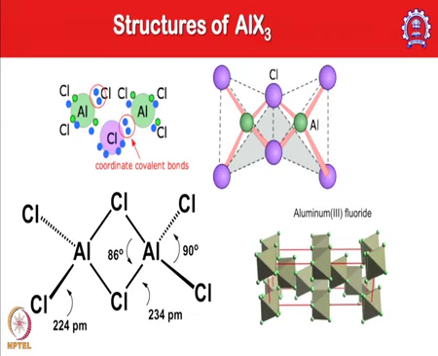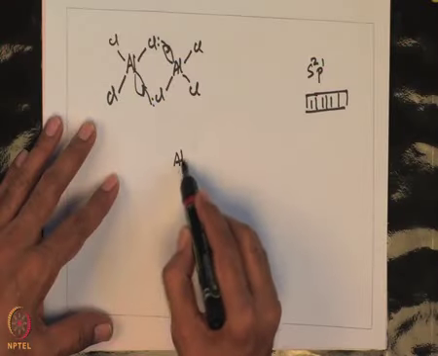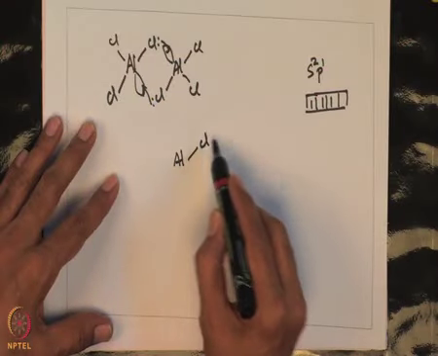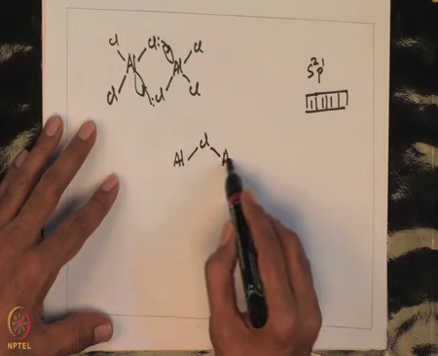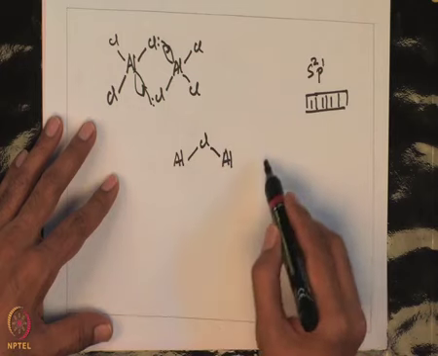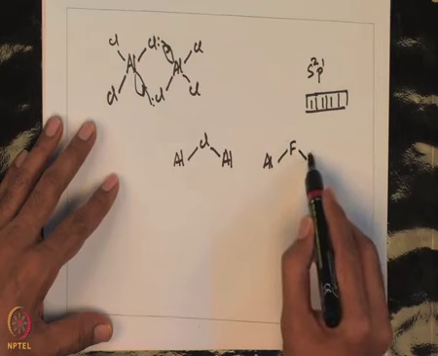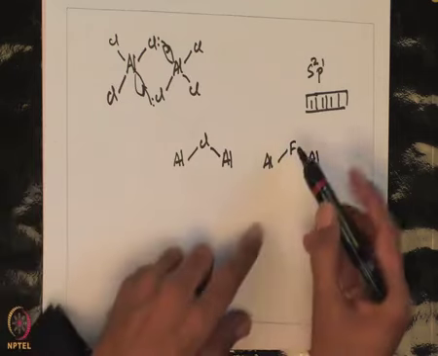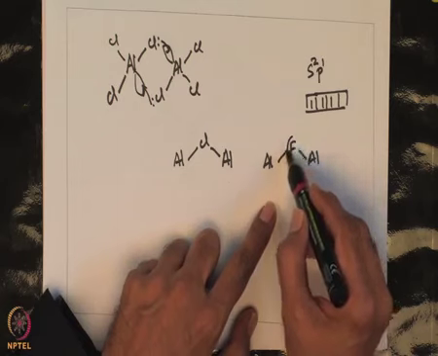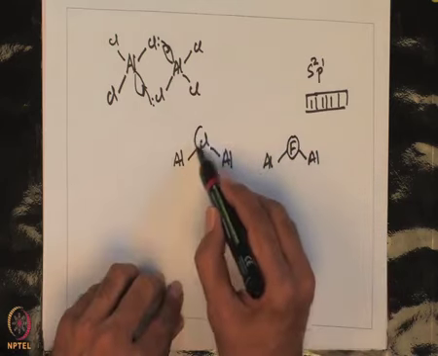You can also see aluminum fluoride giving a 3-dimensional structure, and another reason why it goes for a tetrameric or octahedral structure is very simple. If you just look into the size of aluminum and the size of chloride, the size of fluorine is much smaller compared to chloride.